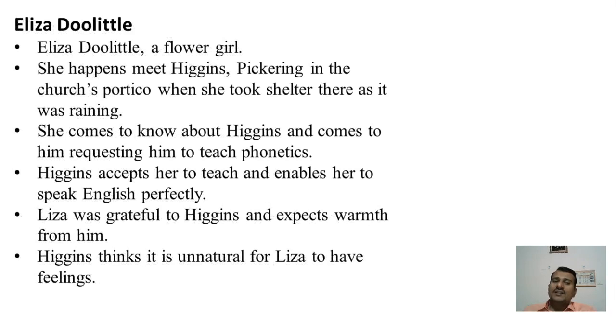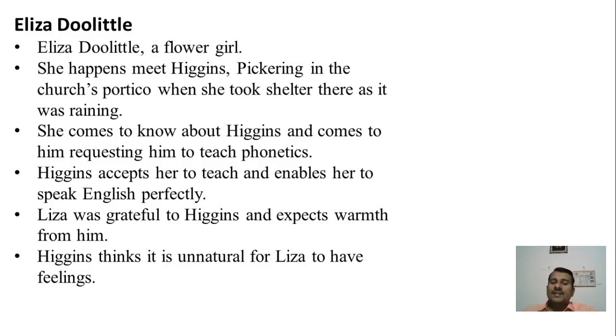The third important character is Lisa Doolittle, a flower girl. She happens to meet Pickering and Mr. Higgins at the church portico when she took shelter there as it was raining. The beginning scene was heavily raining. All of them meet at that spot. She comes to know about Higgins and comes to him requesting him to teach phonetics.